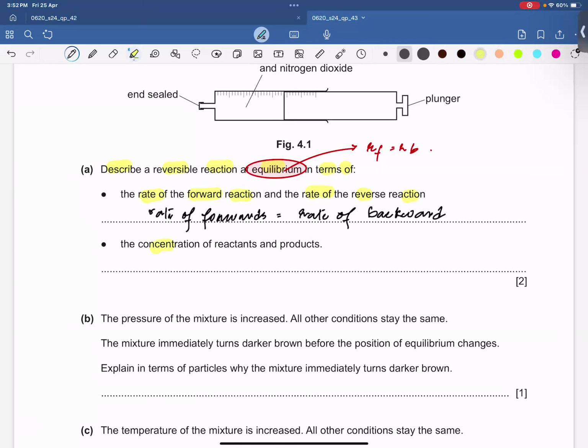The concentration of reactant and products. Obviously, guys, we know at equilibrium, concentration of reactant and product must be constant.